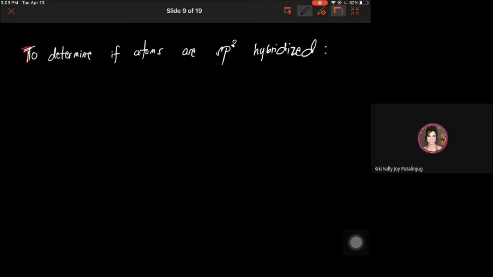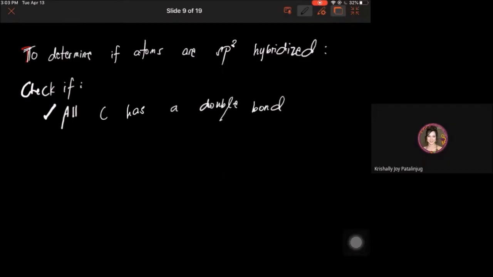First, all carbons have a double bond. If all carbons in a ring carry a double bond, alternating, then each of those atoms is considered sp2 hybridized.